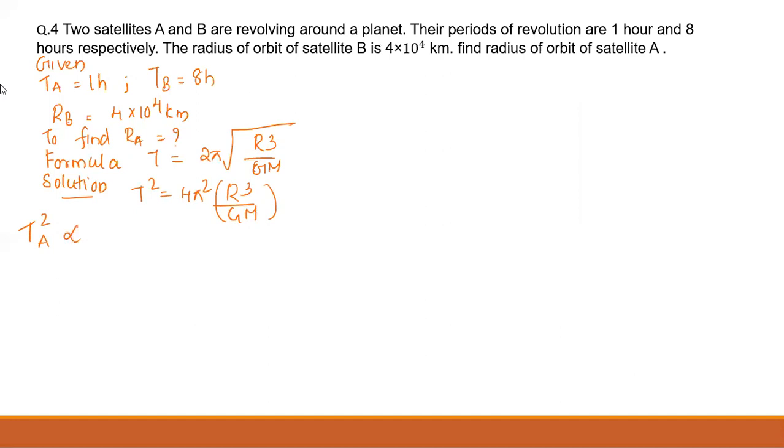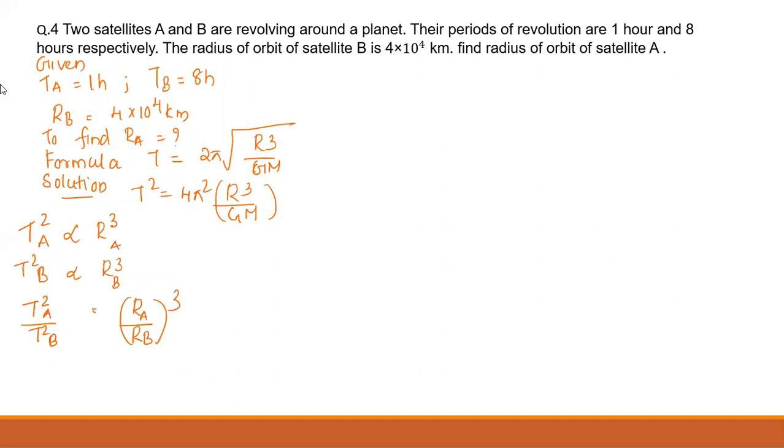So we can write T square A proportional to R cube A and T square B proportional to R cube B. On dividing these, we can write T square A upon T square B is equal to (RA upon RB) the whole cube.